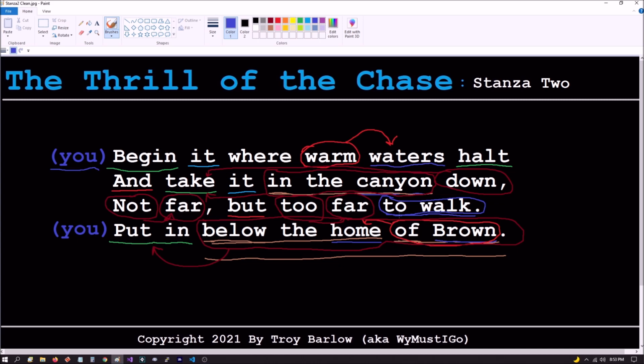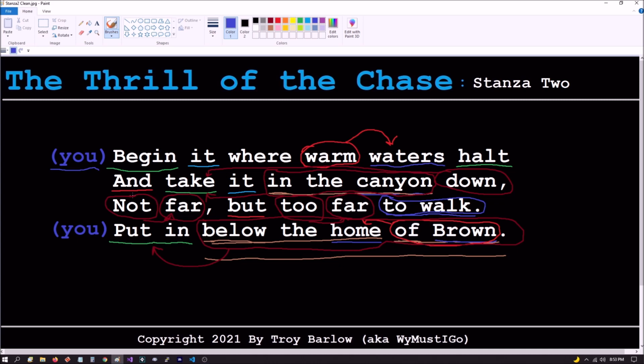So he's telling us essentially in this line that he wants us to go to a place that we could walk from. So he's saying we're going to have to use another means of transportation, basically, is what that part of the poem is telling you. That the distance that you're going to take it, okay?